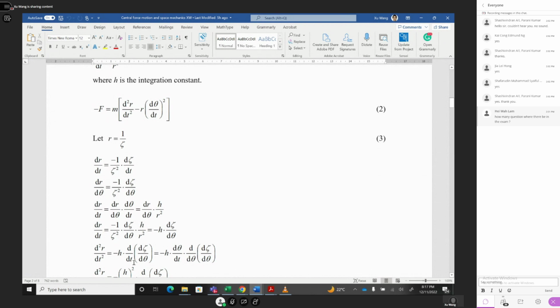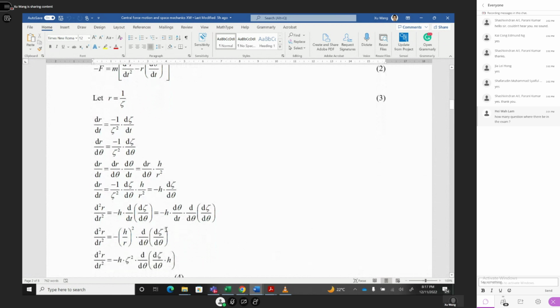And then differentiate another time, d²r/dt², and differentiating this one gives h d/dθ of this one, and then multiply dθ/dt, and this dθ/dt equal to h divided by r squared. Multiply, equal to h divided by r squared, and the rest is d²cos ψ/dθ².